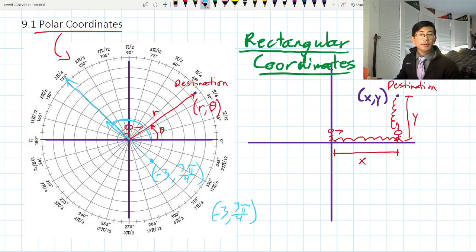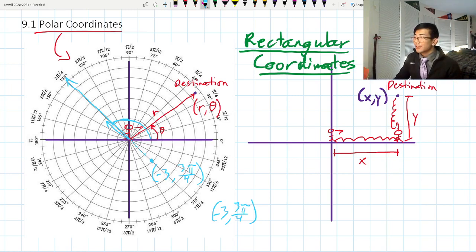There's no other way to describe that destination. You go left or right some amount, and then you go up or down some amount. With this point right here, if I go out to angle 3 pi over 4, and I go backwards 3 units, then I'll end up here.